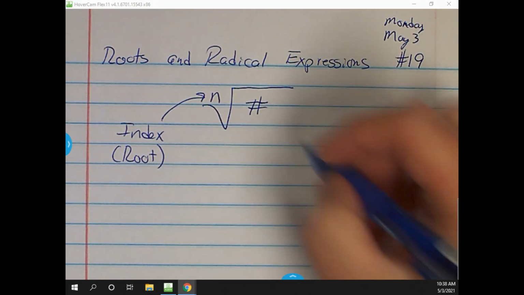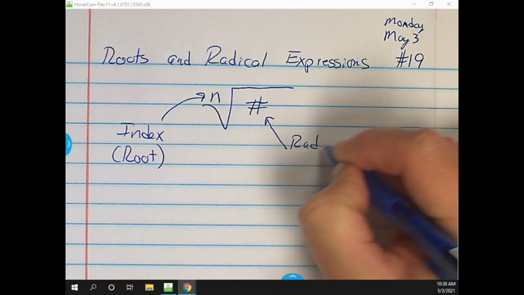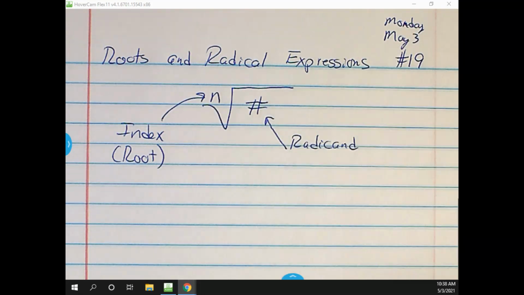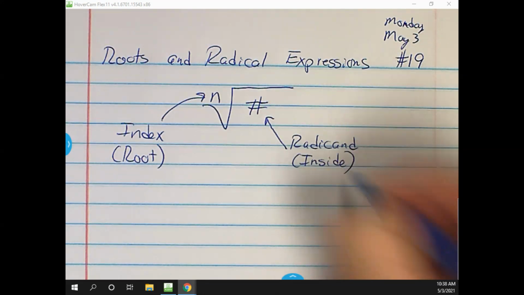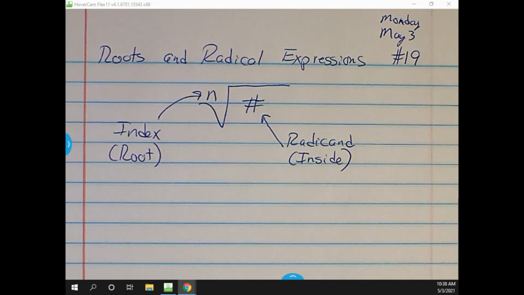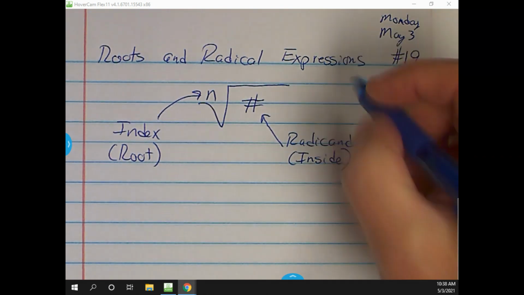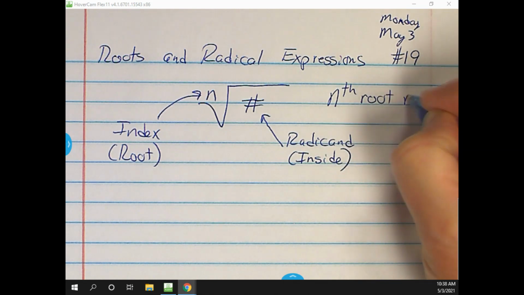The number on the inside, and y'all may or may not remember this from way back when you were doing division, radicand. It's kind of like when you're doing division, the radicand was on the inside. This one's pretty much the same thing: the radicand is your inside number. And if they were describing this, they would call this an nth root radical.